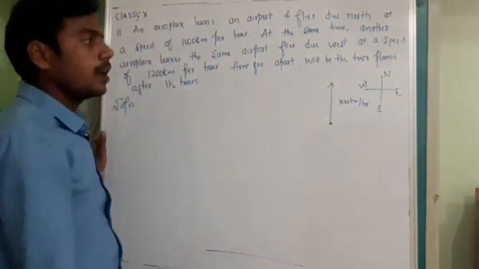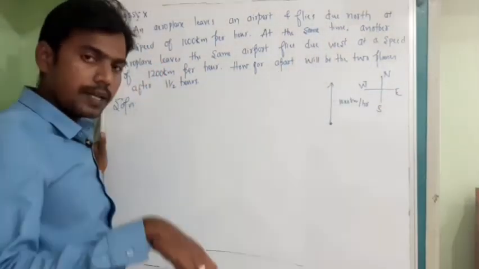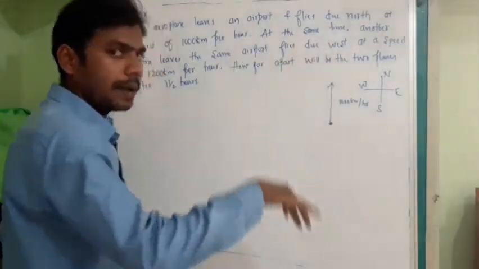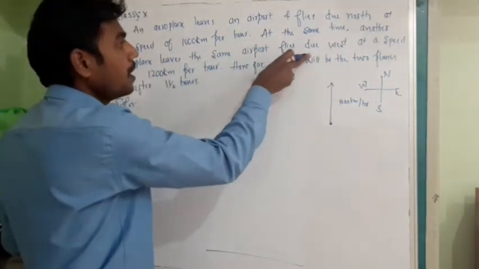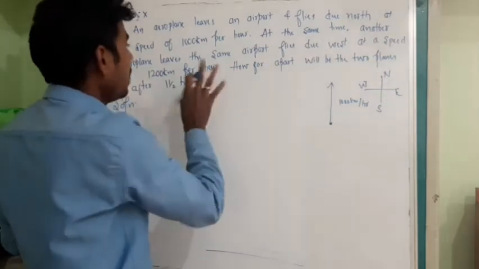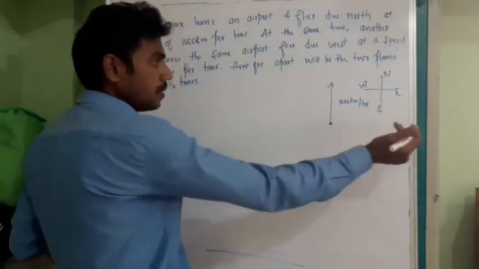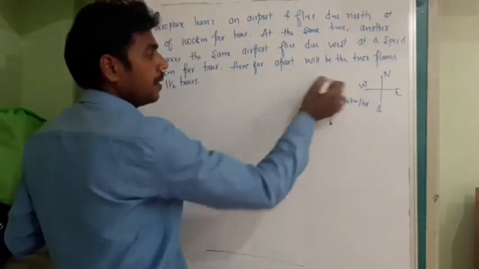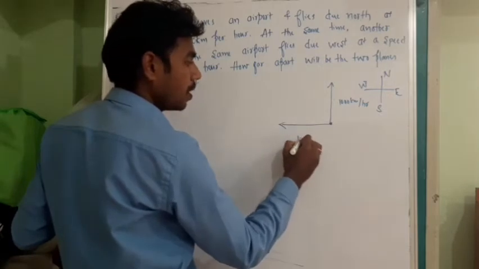And there is another aeroplane that leaves from the same airport at the same time, flies due west at a speed of 1200 km per hour. It is moving in the direction of west, at a speed of 1200 km per hour.